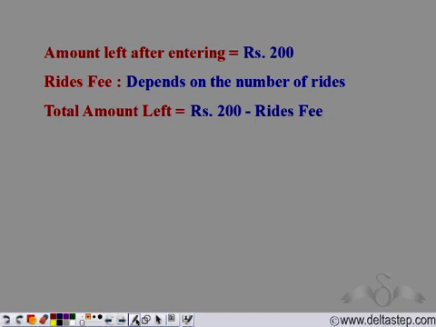Again, the rides fee here is not constant. It is variable, because it depends on the number of rides you take. Whereas 200 is a constant.